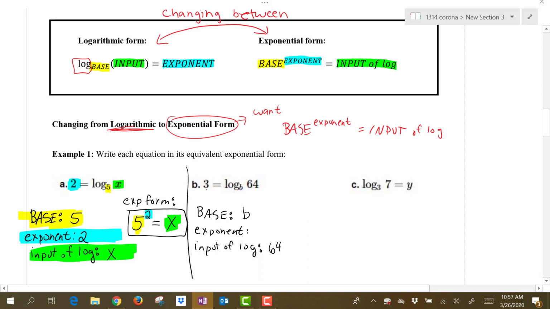And the exponent is whatever's on the other side of the equal sign of the word log, so that is 3. So our exponential form would be to take the base, write it big. So there's our B. Put the exponent back on that base as a small number to the upper right of the base, is equal to the input of the log, which is 64.